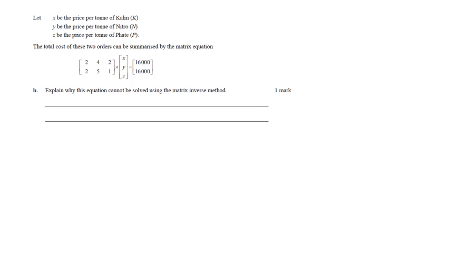Okay, so based on this equation up here, that's looking like your classic AX equals B situation. The problem is though, why can't we do this? Because you need to find the matrix inverse.